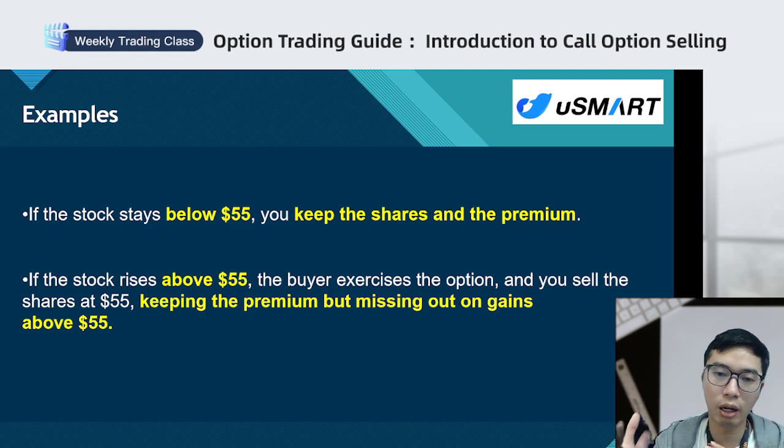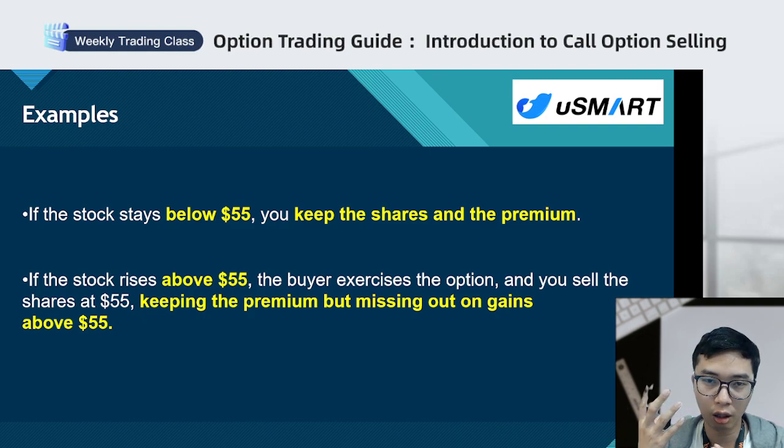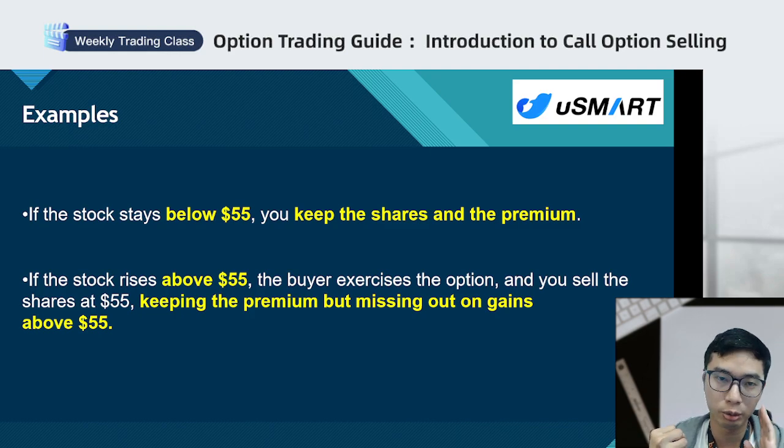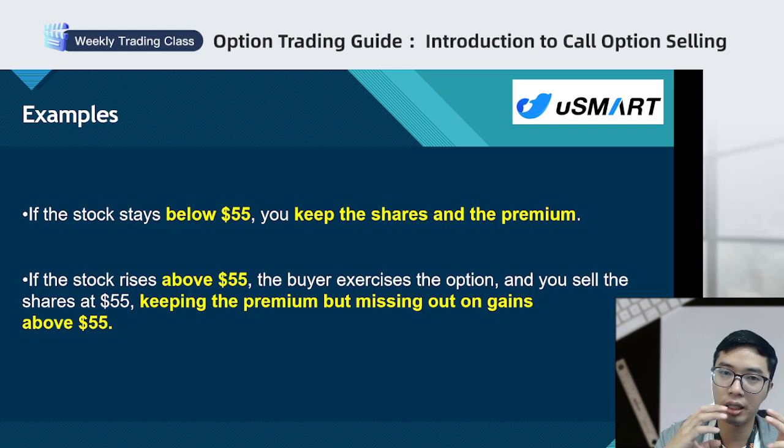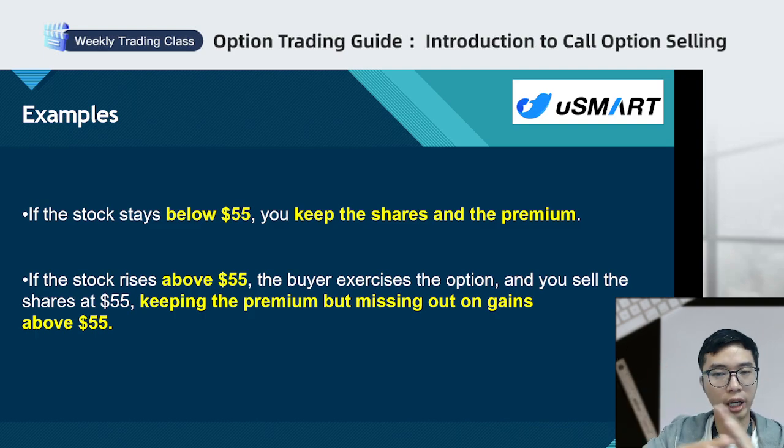Since you sold the call options, you already get the premium, but miss out on the gains above $55. But remember, you still earn, because your initial plan is selling this $50 share at $55. When you hit $55, okay, I'm out. This is your initial trading plan.